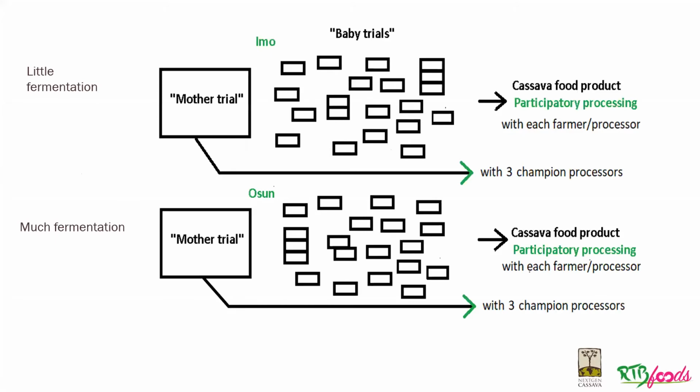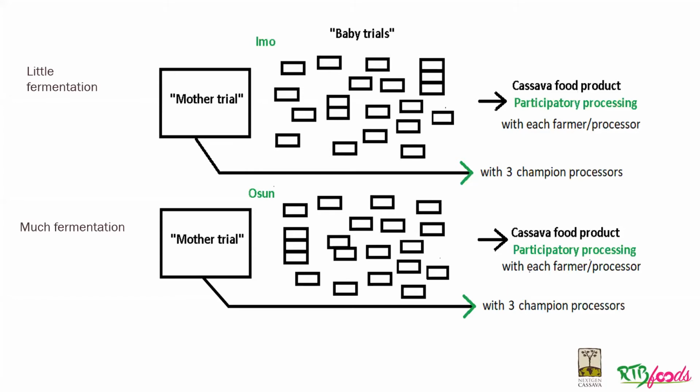So we had a varietal evaluation of promising clones in 2 states and 2 communities, one in Imo state in Nigeria and one in Osun state in Nigeria. The Imo case represents little fermentation of Gari-Eba, and the other one much fermentation.